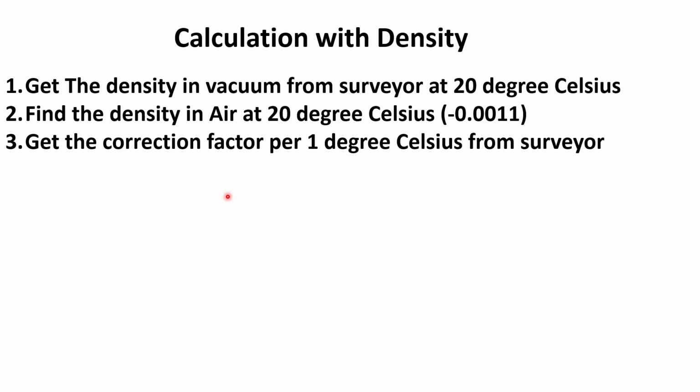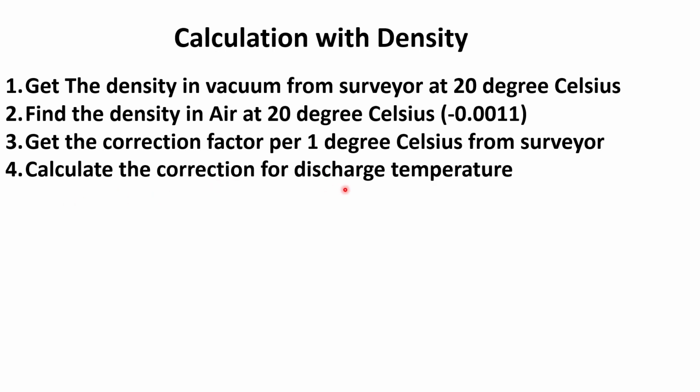Then you get the correction factor per 1 degree Celsius from the surveyor. Once you get that, you calculate the correction factor at discharge temperature. Suppose the temperature in the discharging port is 30 degrees. In that case, you need to calculate the correction factor for 10 degrees, right?